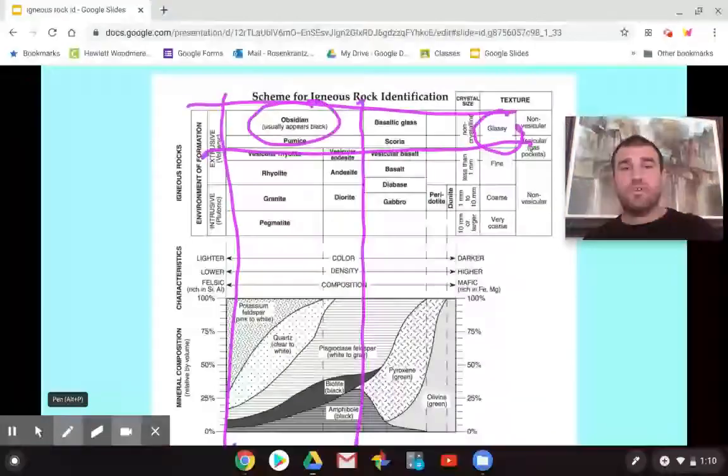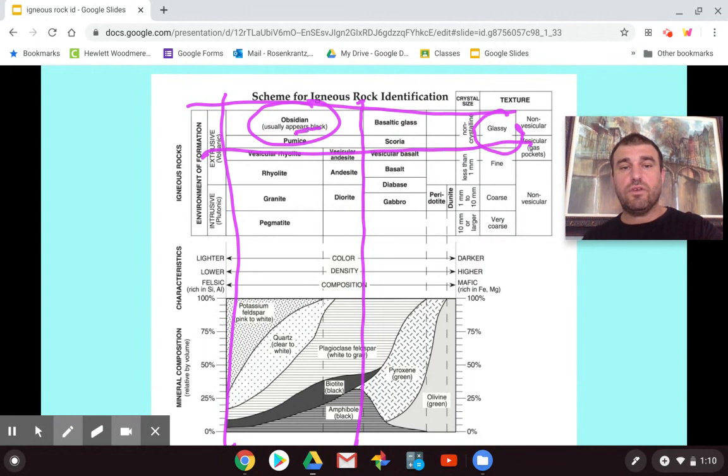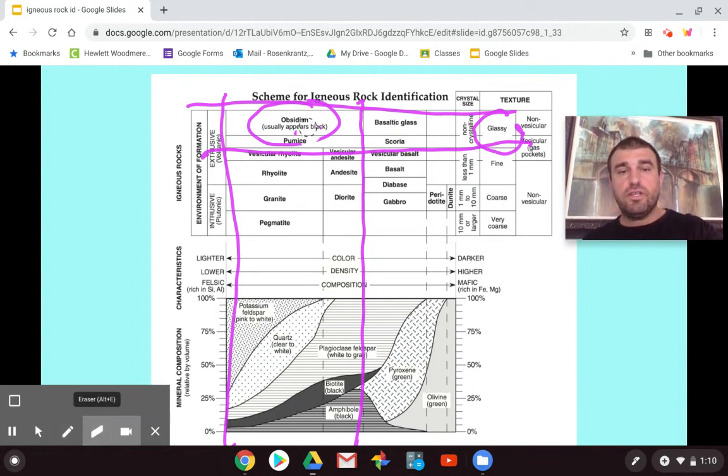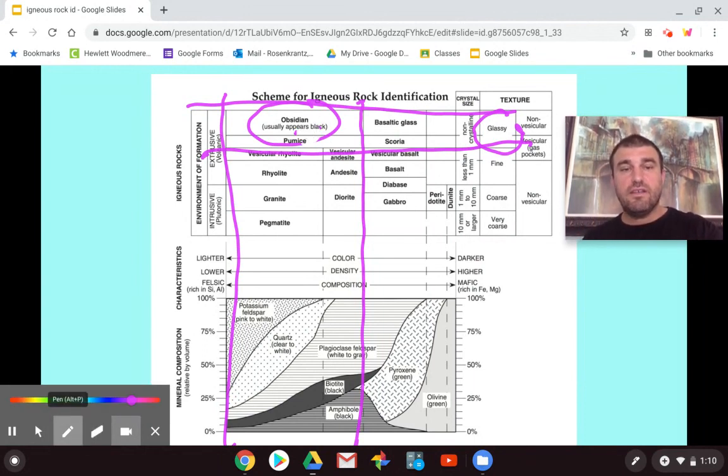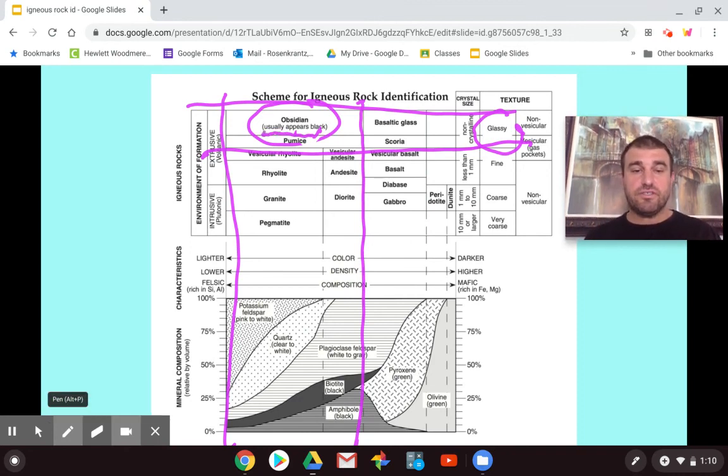And then it says under obsidian, usually, I just crossed it out, usually appears black. All right. It can actually be clear in thin sections. It's just opaque when it's a big chunk, so light can't get through. So it appears black, but there's so much silicon in there, it is definitely felsic.